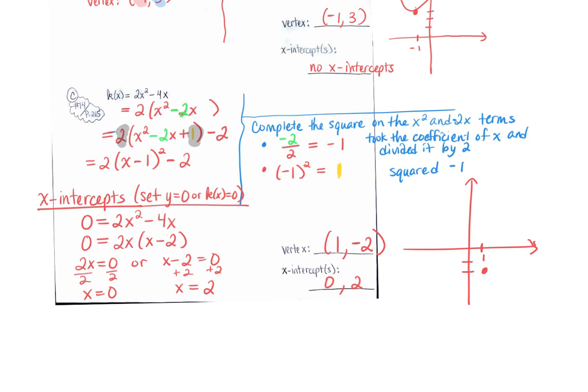So on your graph, you plot 0, and then you go over to 2 on the x-axis, and use these 3 points to sketch a curve, or your parabola.